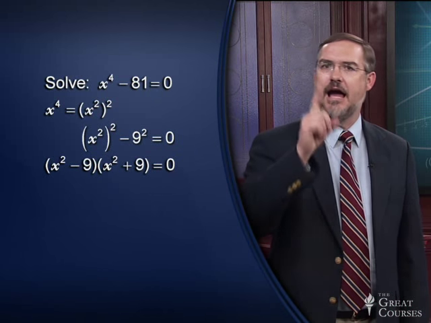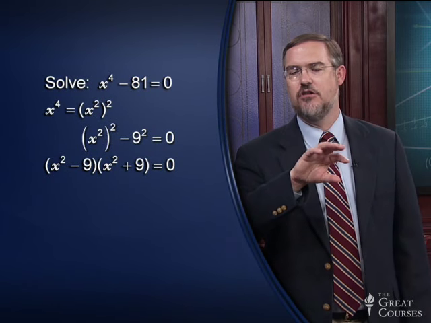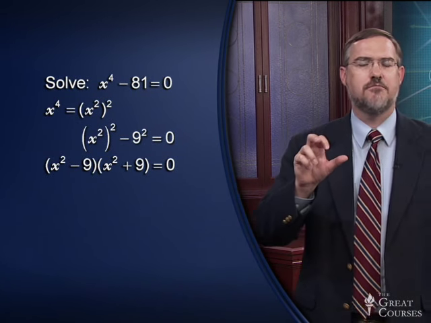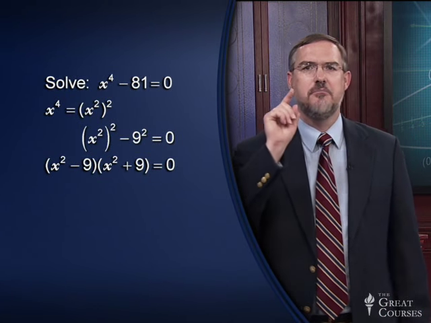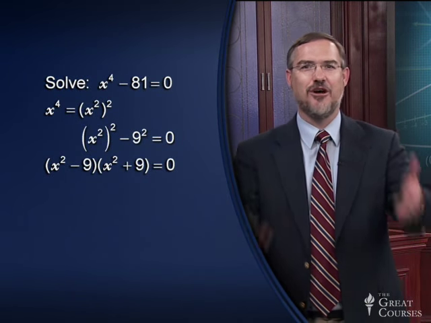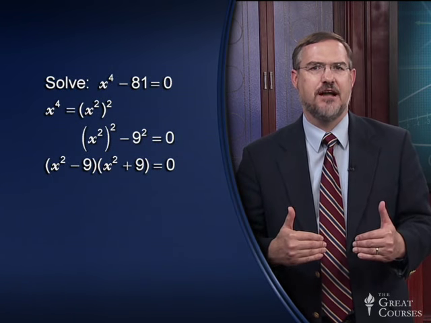But guess what? After doing this factoring and getting x squared minus 9 times x squared plus 9 on the left-hand side, we're not done, because the x squared minus 9 can still be factored. It's also a difference of two squares. So I can actually do one more level or layer of factorization.